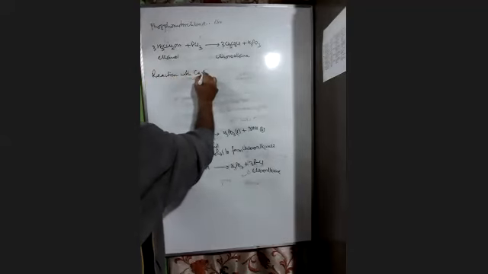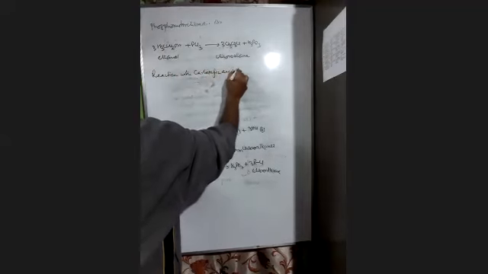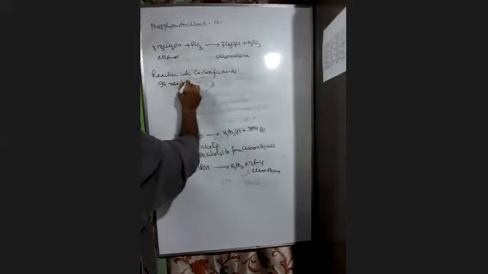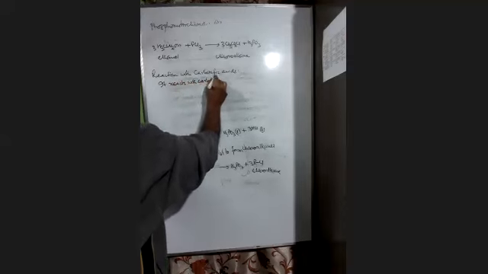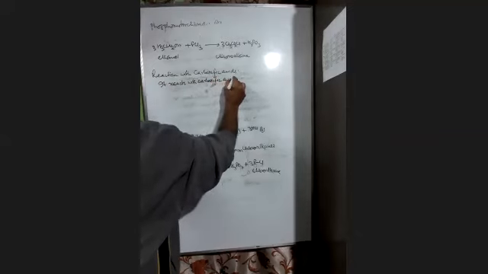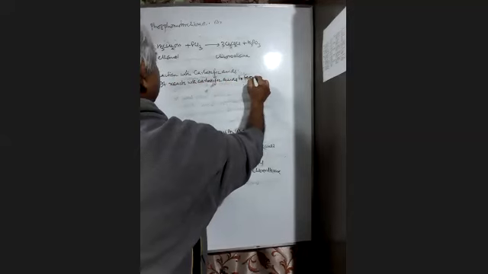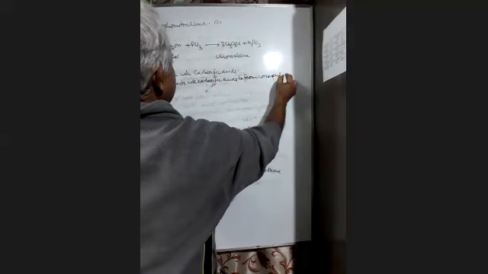Reaction with carboxylic acids. It reacts with carboxylic acids to form the corresponding acid chloride.